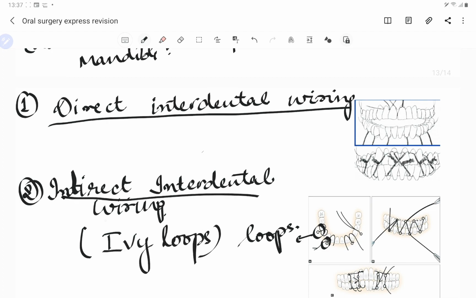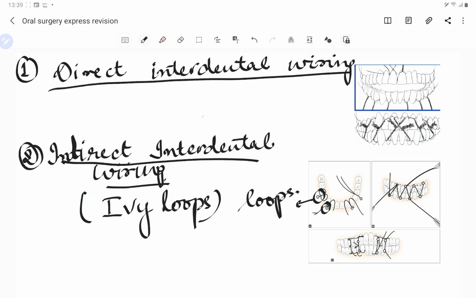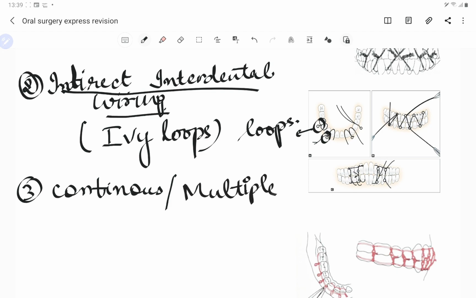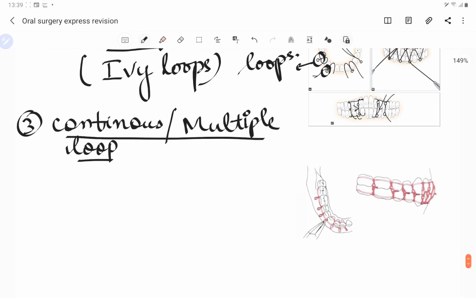In indirect interdental wiring. Next one we have is the continuous or multiple loop. So in continuous or multiple loop wiring, we make these loops continuous. So these IV loops are continuous in case of continuous or multiple loops. If you can see here, these are the continuous loops, right?